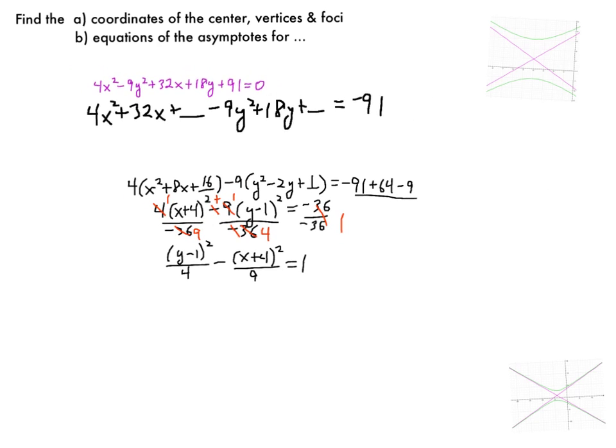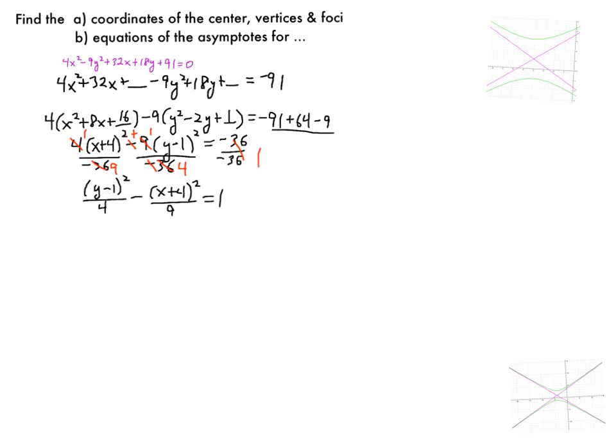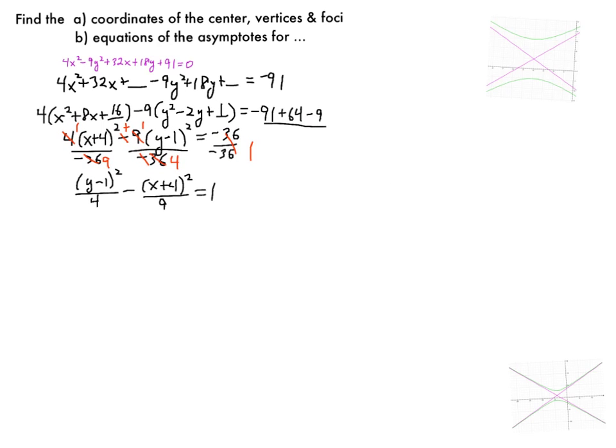Now, over here, the a squared is always our first denominator and the b squared is always the second denominator, which is going to give us plus or minus 2 for a and plus or minus 3 for b.